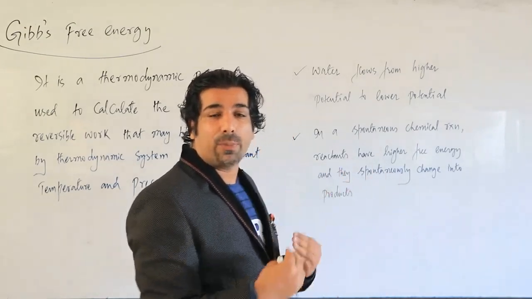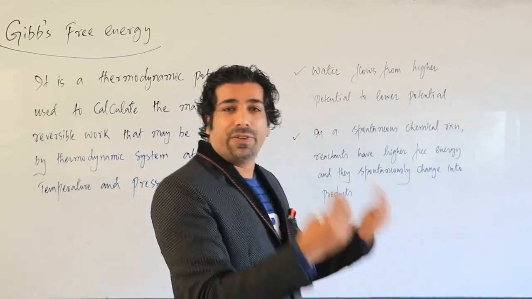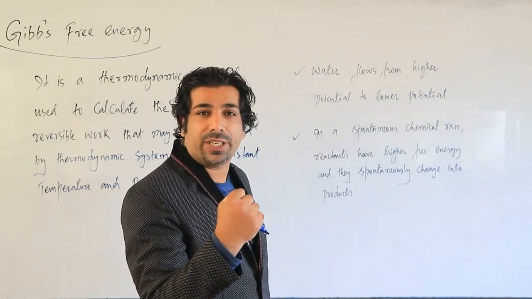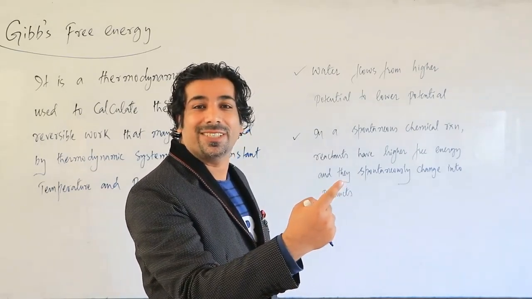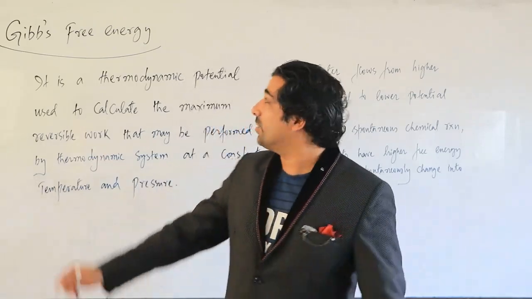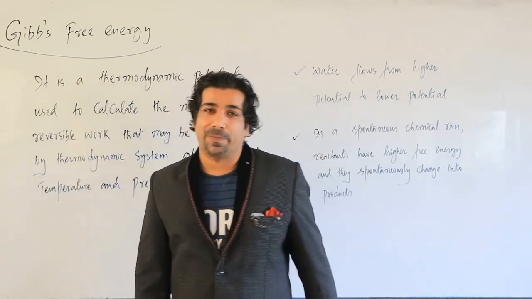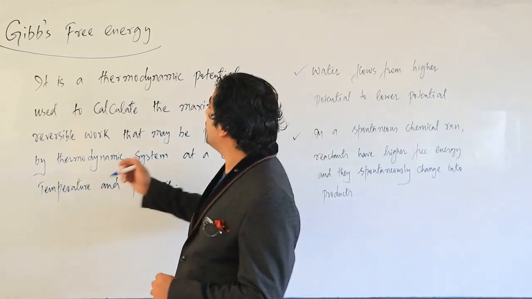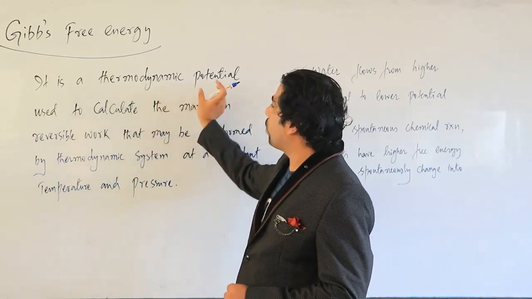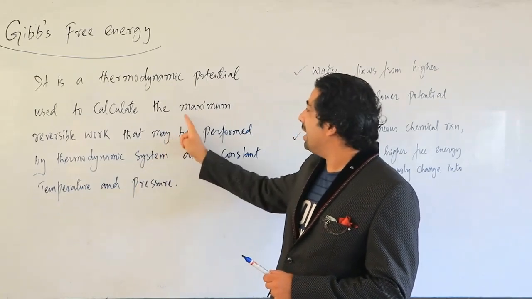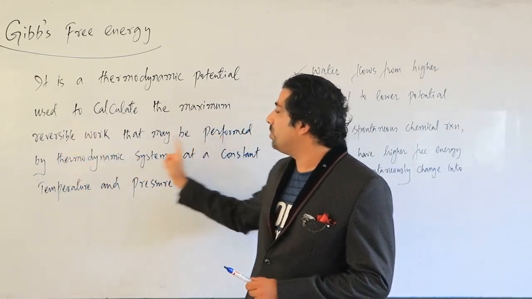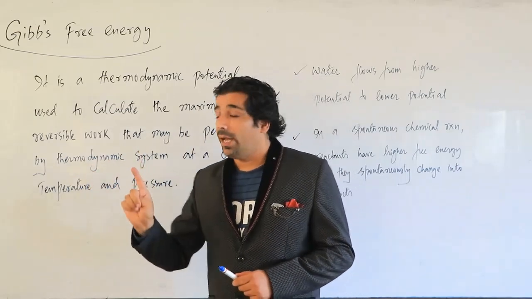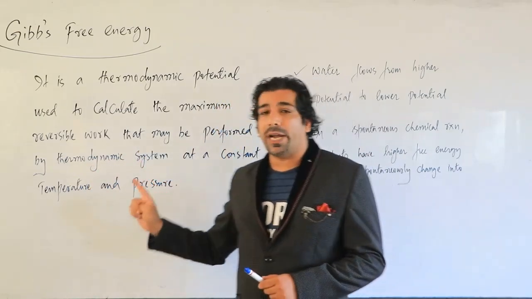If reactants have more free energy, they can easily change into the products. So this is all about the Gibbs free energy. It's a thermodynamic potential used to calculate the maximum reversible work that may be performed by a thermodynamic system at constant temperature and pressure.